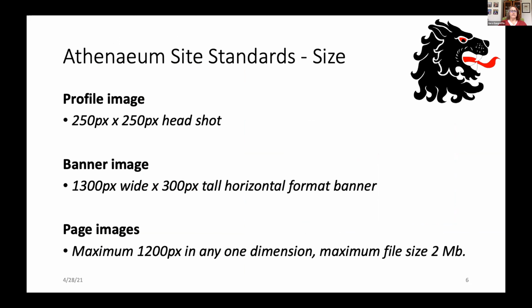This is what we're looking at in terms of Athenaeum site size standards. We ask all the artisans to upload a profile image with their artisan profile. If you are somebody who is fairly private and you don't want to have a picture of you associated with your website, we would like to have photos because, good Lord, we have lost so much engagement throughout the pandemic.